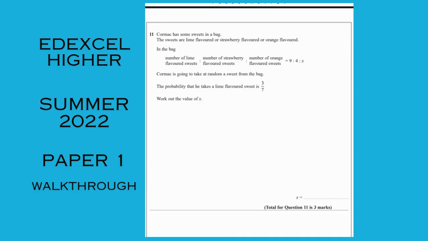Number 13. So good old wordy ones here, but actually not as bad as the words might tell you. Let's not forget, probability is the number of ways you can be successful. So a lime sweet is 9 over the total possible outcomes, 9 plus 4 plus x, simplified, equals 3/7.